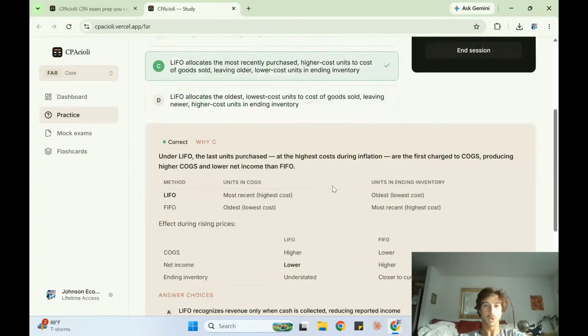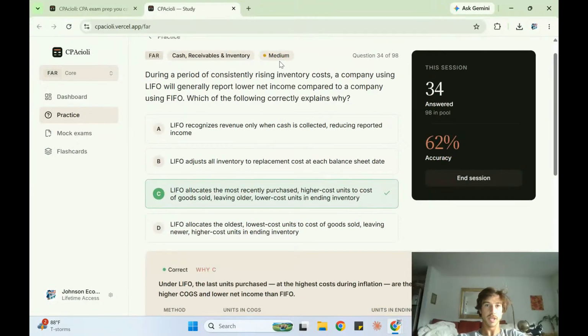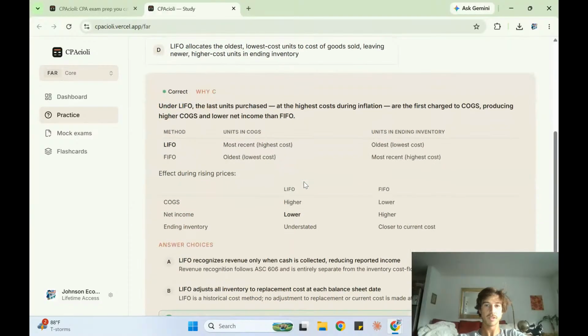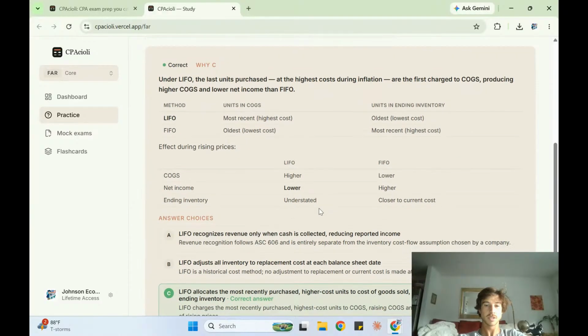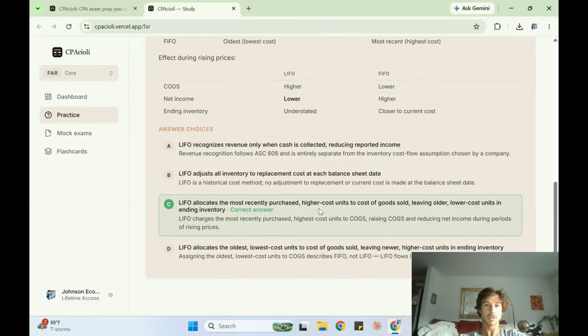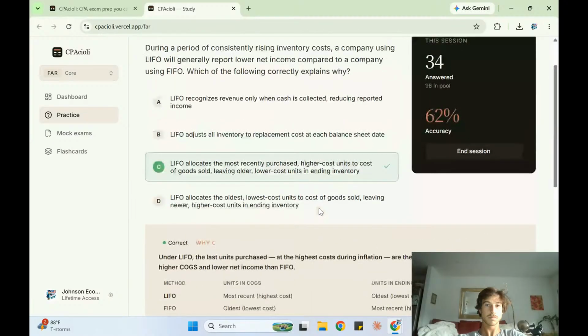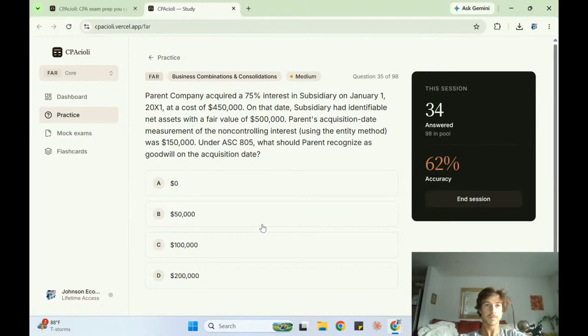Yeah, pretty easy. Should be an easy one, not a medium one. All right, 16 more. Whew, we're getting through this.